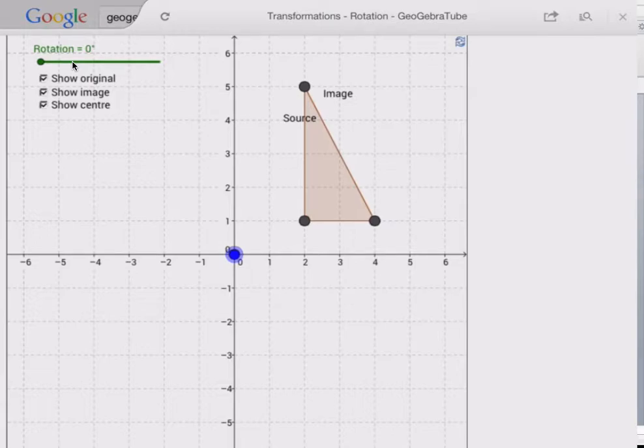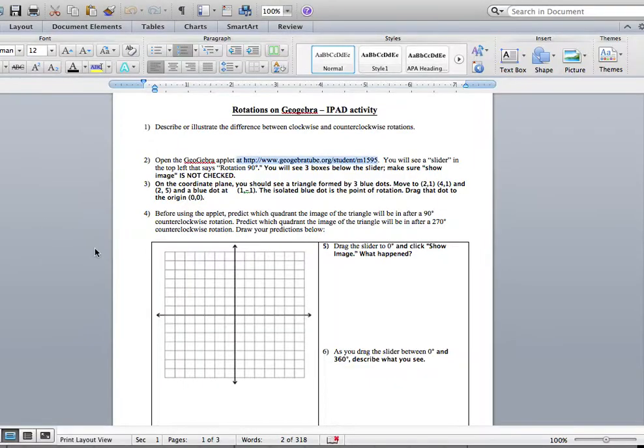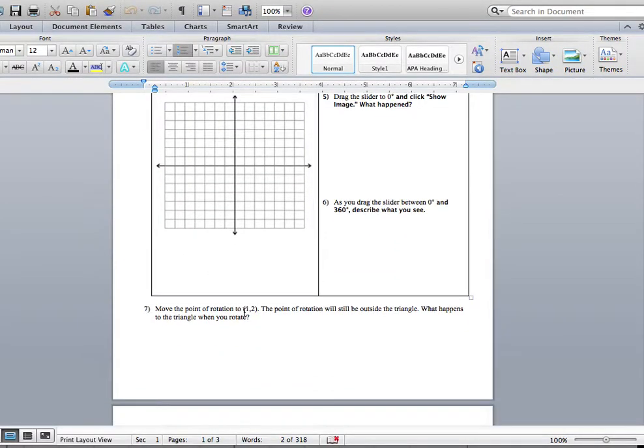The first question in class asks you to move the point of rotation, that's the blue dot, by itself, to 1, 2. So if you go back to it, move it to 1, 2, the point of rotation will still be outside of the triangle.